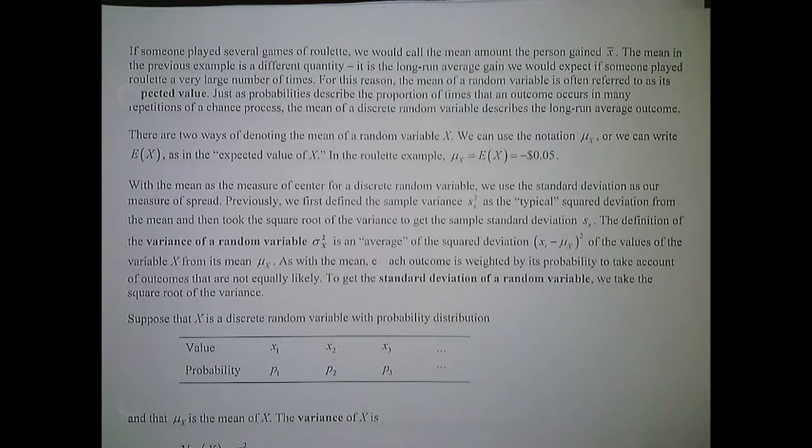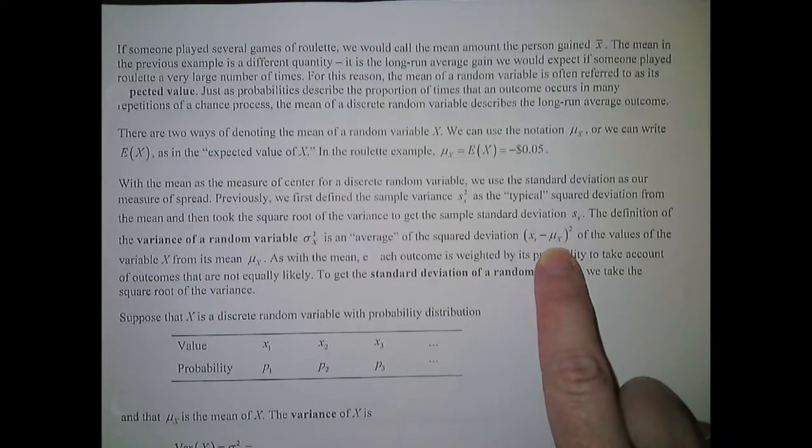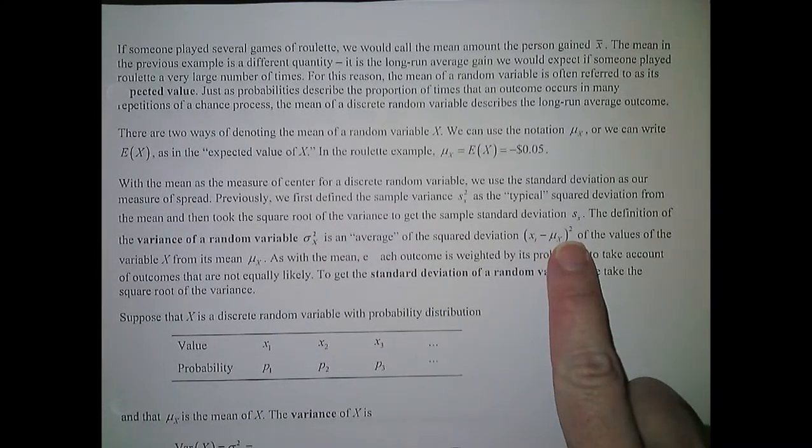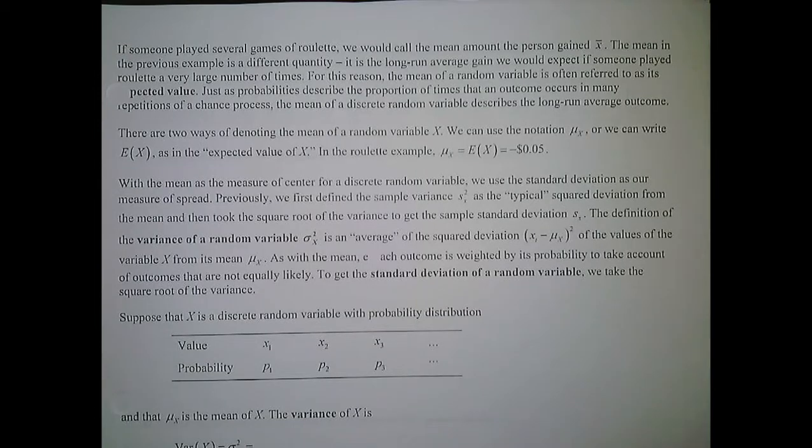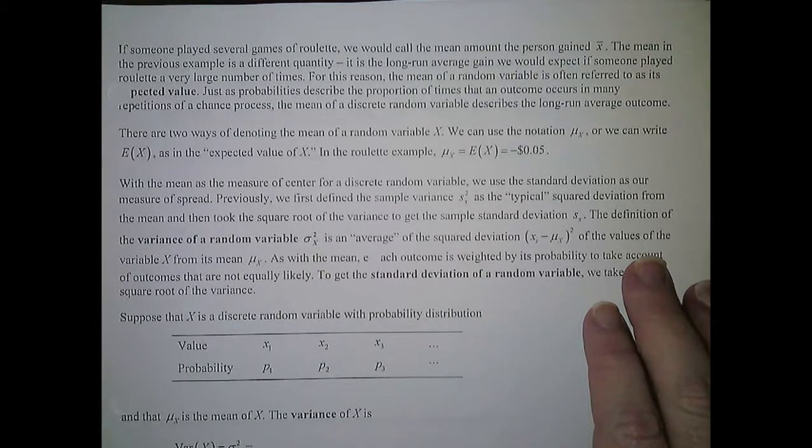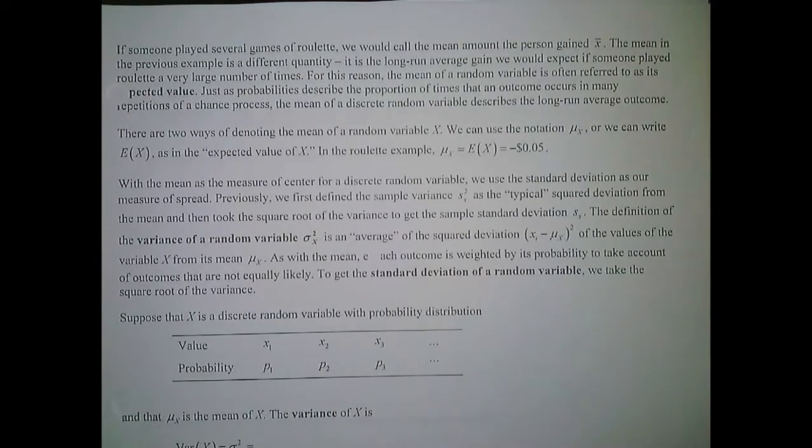The definition of the variance of a random variable, sigma squared of x, is the average of the squared deviations, so each observation minus its mean, squared, of the variable x from its mean mu of x.